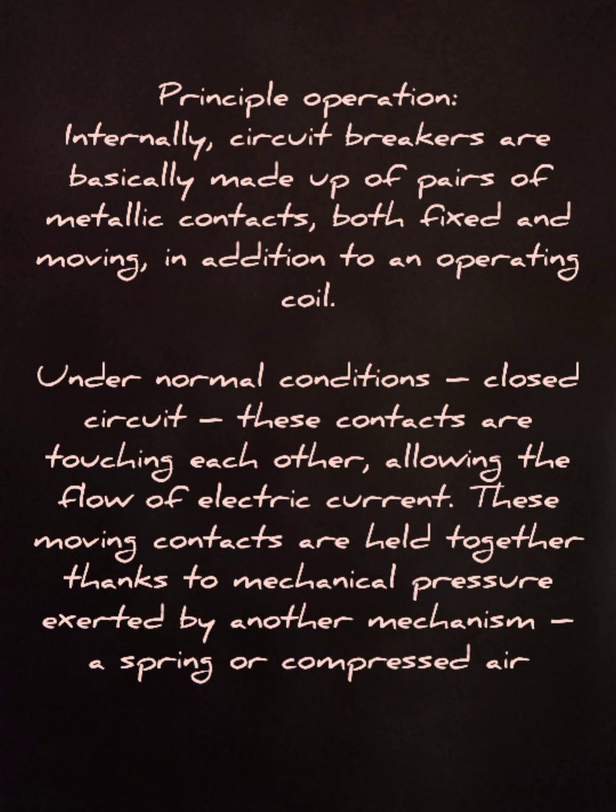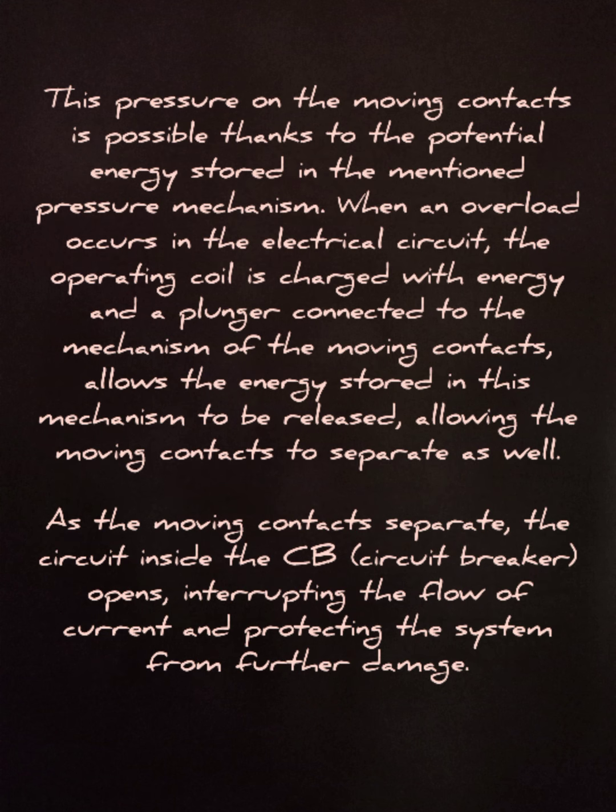These moving contacts are held together thanks to the mechanical pressure exerted by another mechanism, which means a spring or compressed air. Next, the pressure on the moving contact is possible thanks to the potential energy stored in the pressure mechanism.